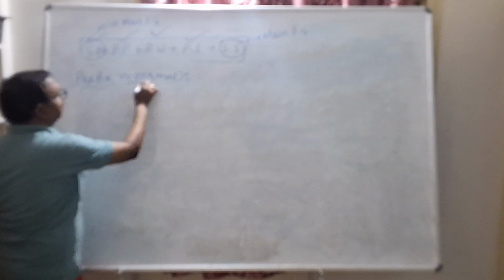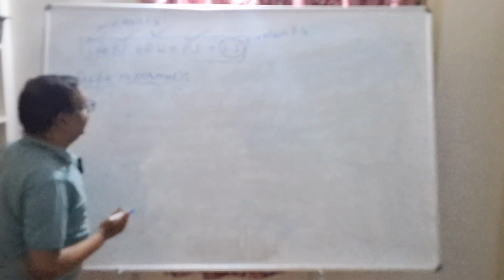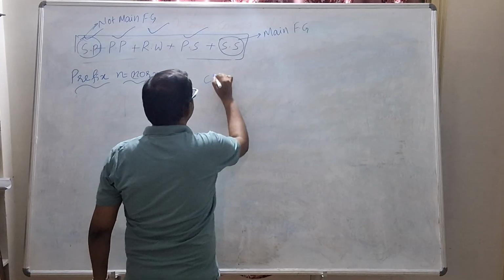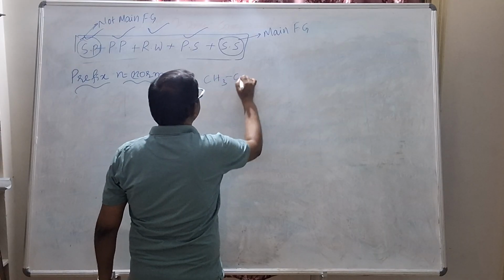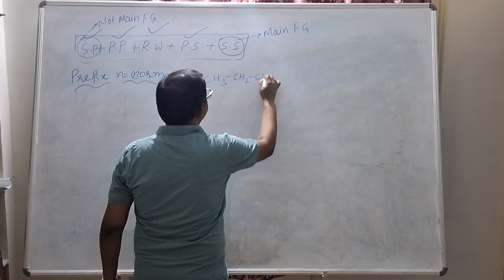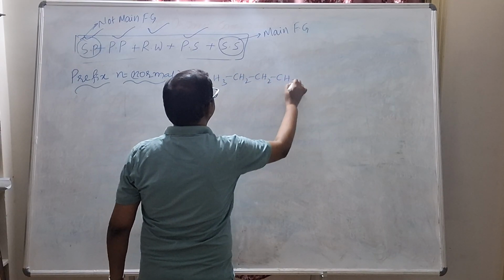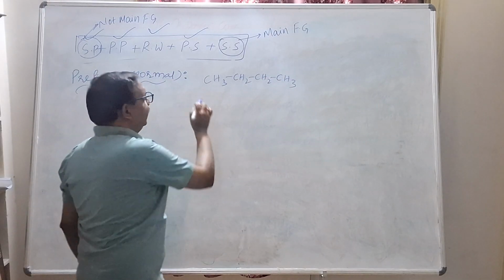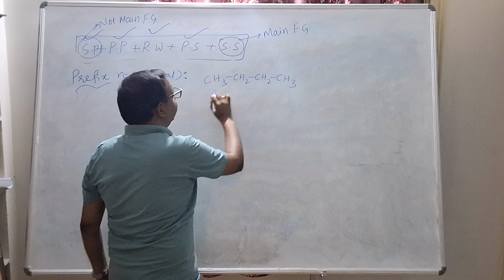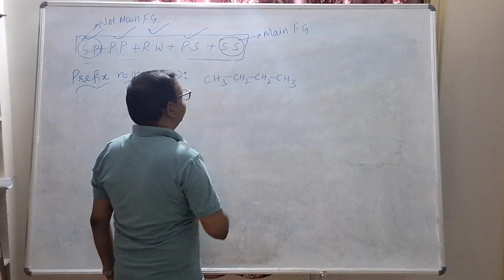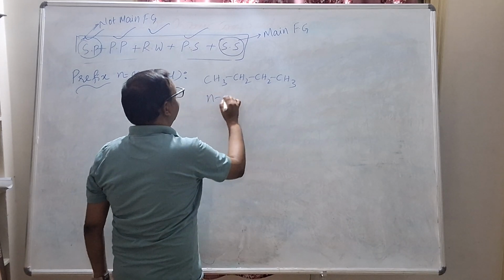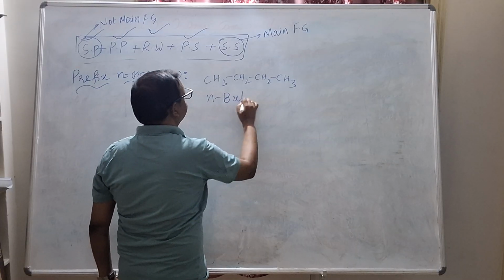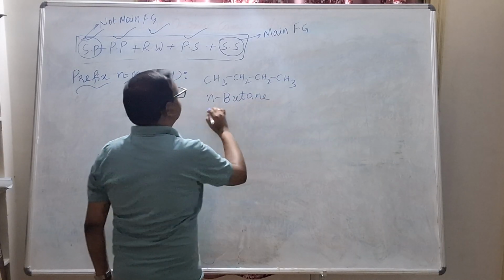What does it mean? For example, if you take CH3, CH2, CH2, CH3. The name of this compound: there are 4 carbons, therefore it's called butane. Which butane? N-butane we call it. N means normal butane.